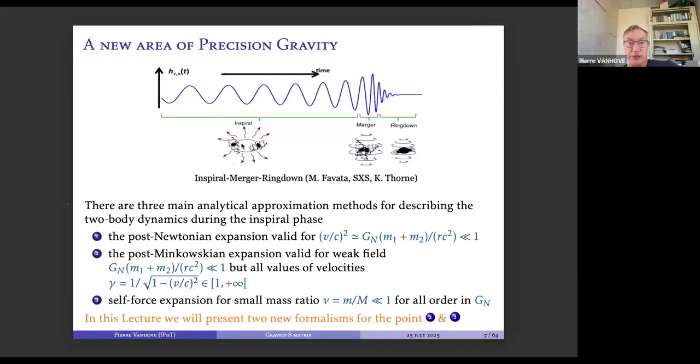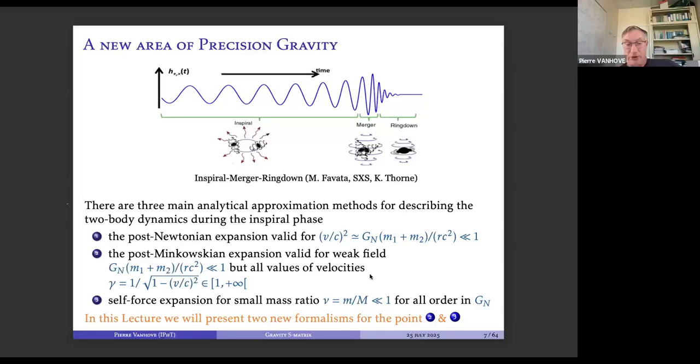That means you want a computation that is valid from the static case, where the two massive objects just don't move, to the case where they are ultra relativistic. This is why we need a high order resummation of the velocity. The post-Minkowskian is just an expansion in G and valid for all velocities.